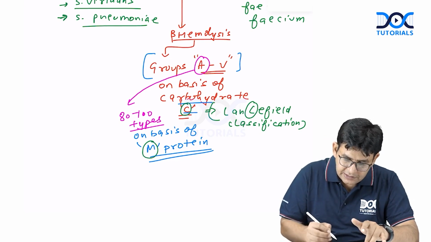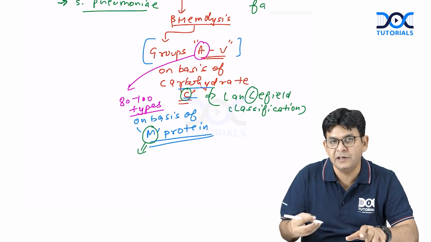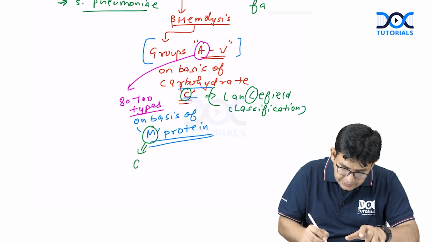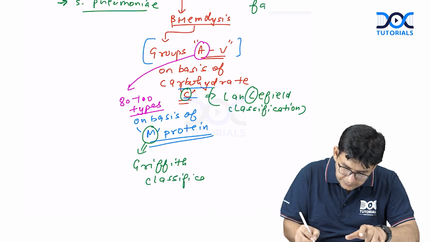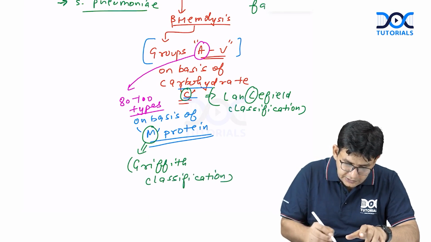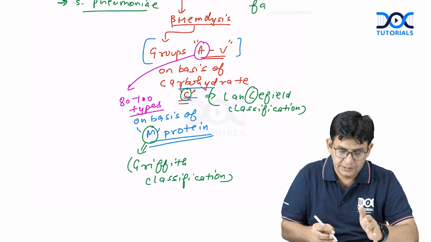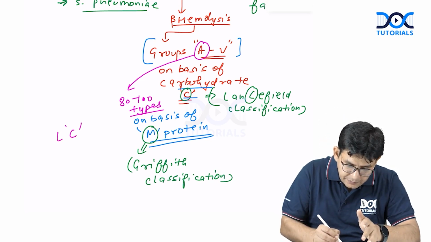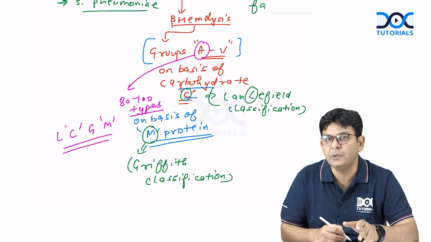Whereas the classification based on M protein is termed the Griffith classification. This particular question comes again and again: which depends on what. So Lancefield is based upon carbohydrate C and Griffith is based upon M protein. This you need to know.